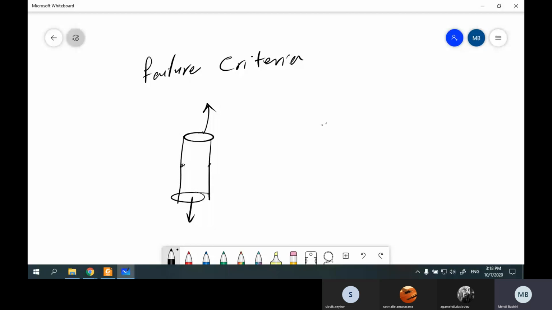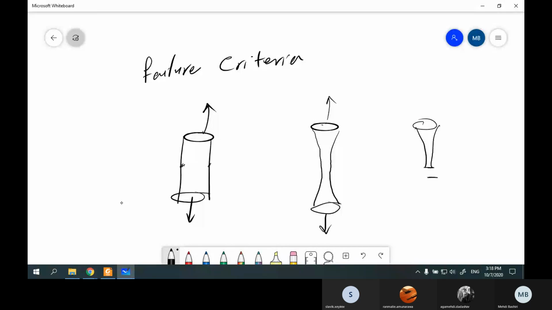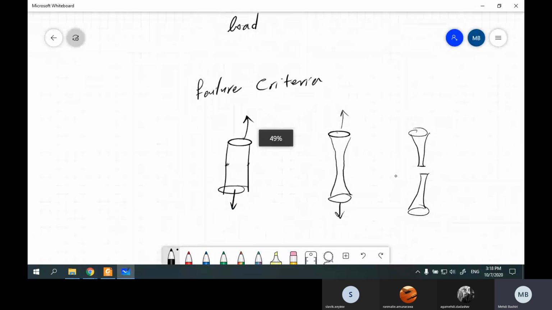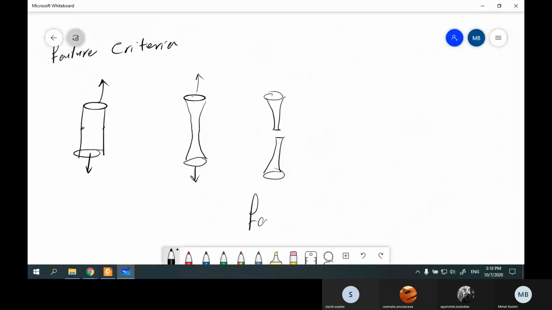Here, because we have the maximum load, we'll have some shape like this. And if you again increase the load, you'll have rupture. This is a failure. We call it failure.